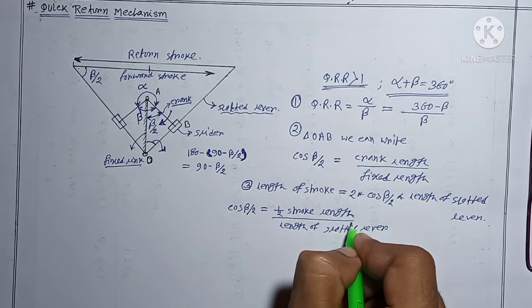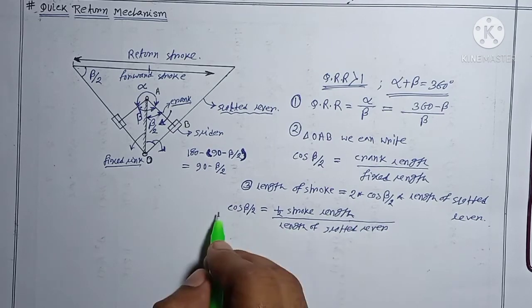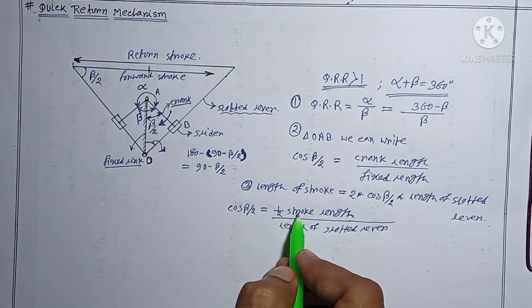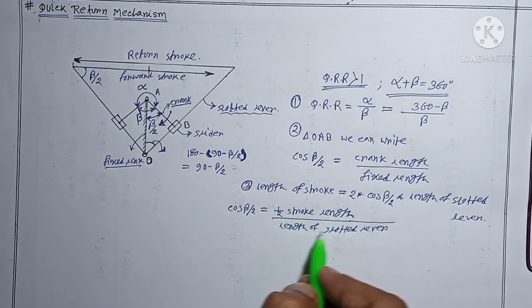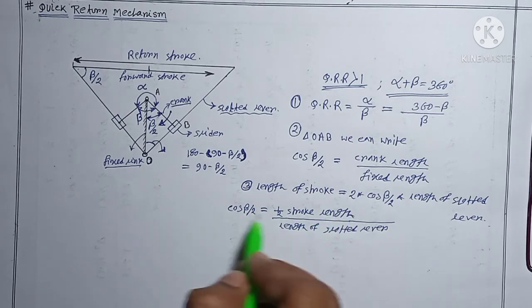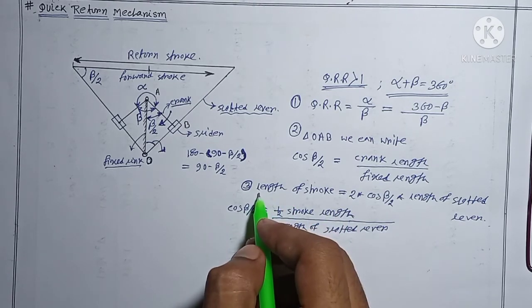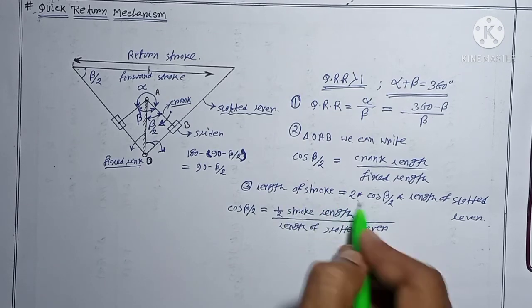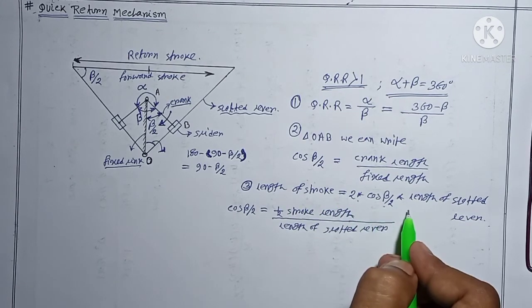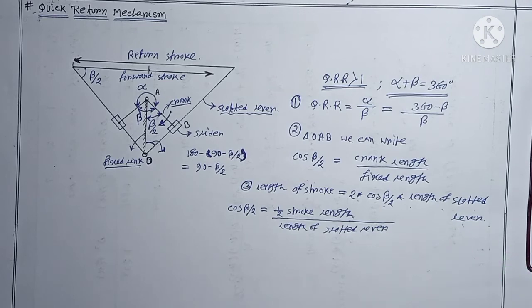So it is clear. This is the cos beta by 2. If you try to find the stroke length, then the length of slotted lever comes here and 2 also comes here. Ultimately we get the length of stroke equal to 2 into cos beta by 2 into length of slotted lever. So I think the concept is clear to you.